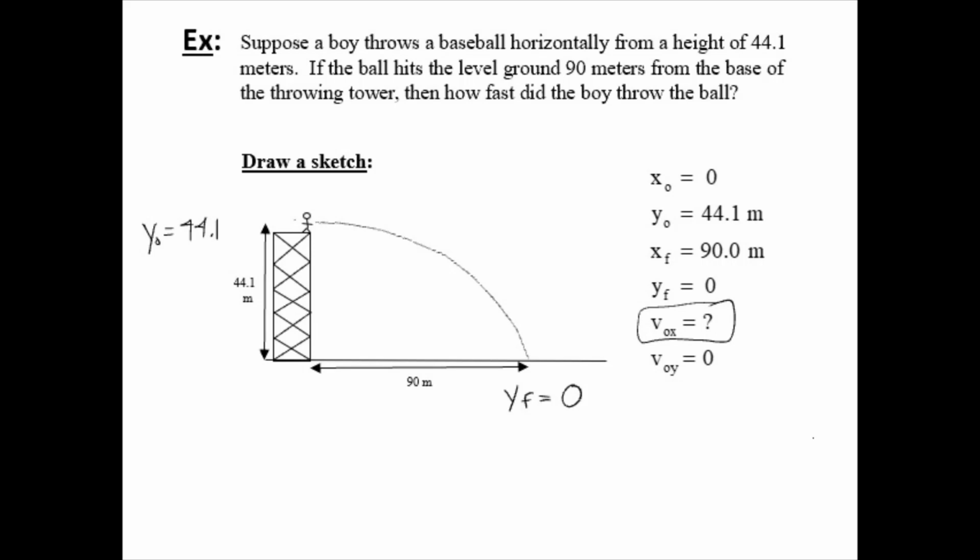But what we do know is if it was thrown horizontally, level with the ground, then v original y, the original y velocity, would be 0. It wasn't thrown with any kind of upward or downward velocity. It was thrown perfectly horizontally. Okay? And so there's our setup.